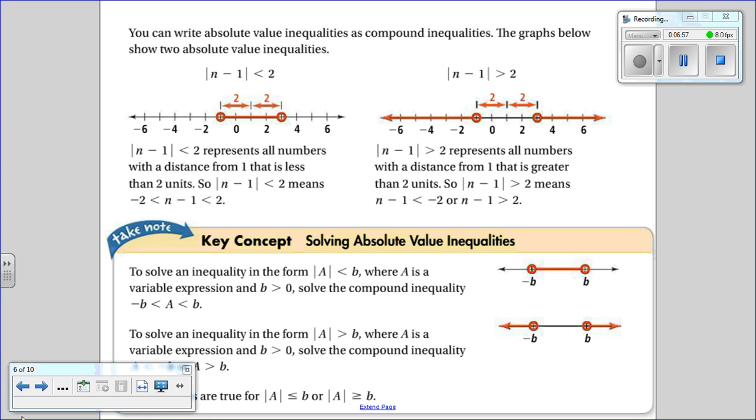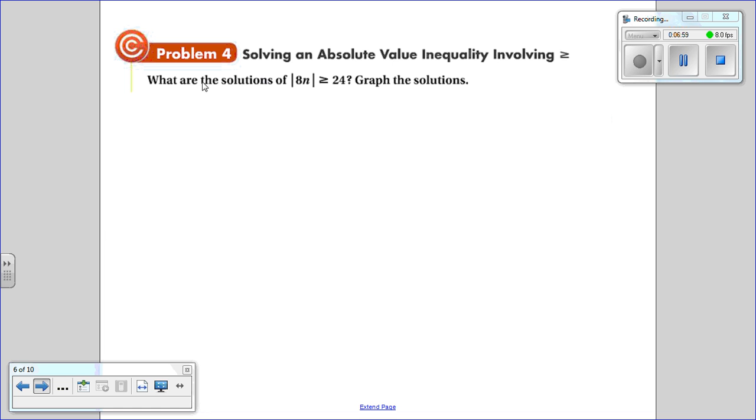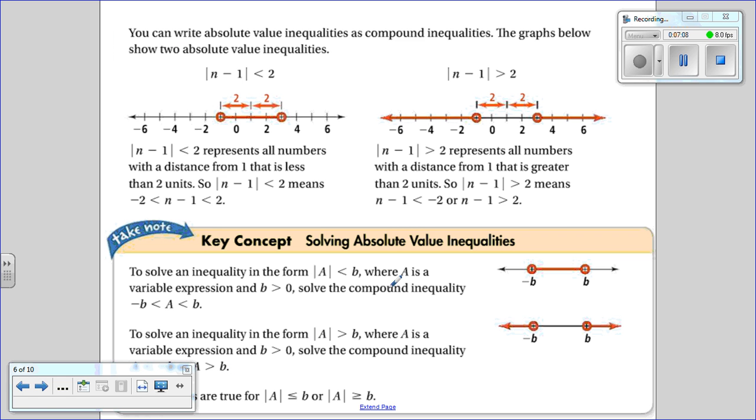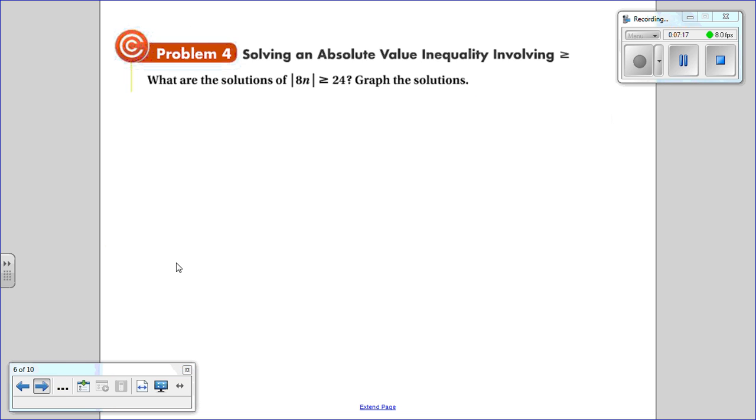Solving these things, we're going to hop over one. When we get to an inequality, if you want to check out this little graph, you sure can do that. I would rather just take you to an example. When we get to one of these with an inequality, we basically do the same thing as before.